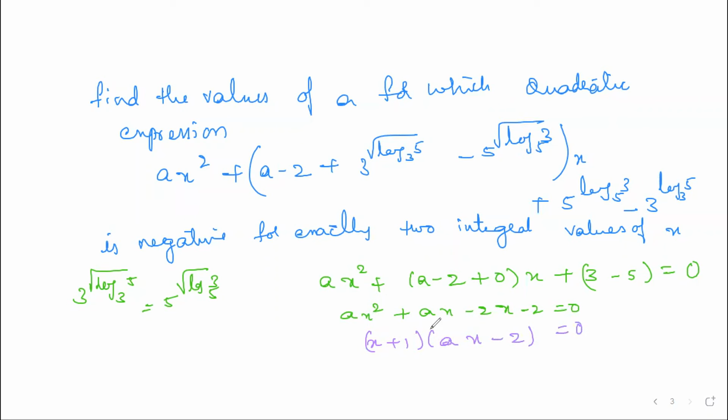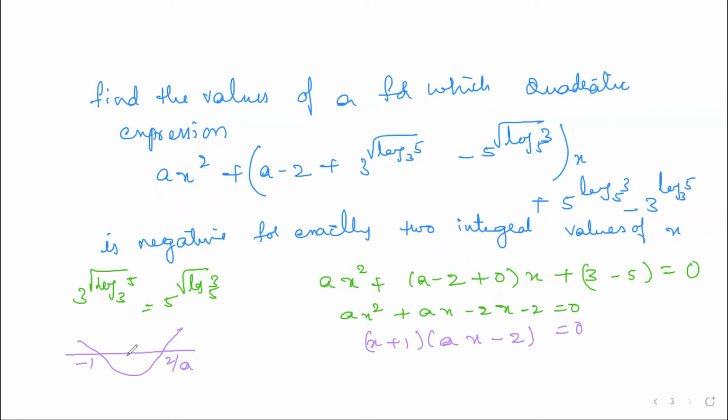If I equate it to 0 to form a quadratic equation, it will have two roots. If I draw the graph with the two roots, one of the roots is minus 1, the other root is 2 by a. According to the question, there exist two integral values between the roots, I mean the expression is negative for exactly two integral values of x.